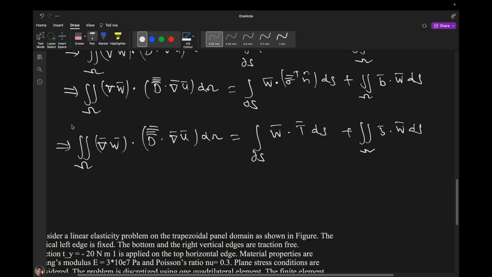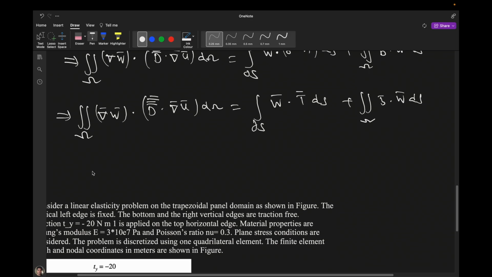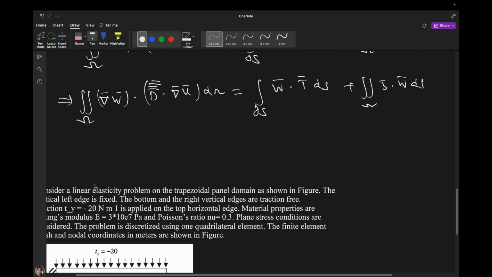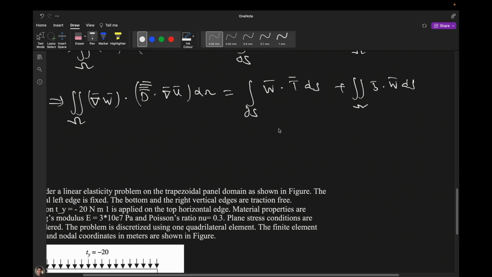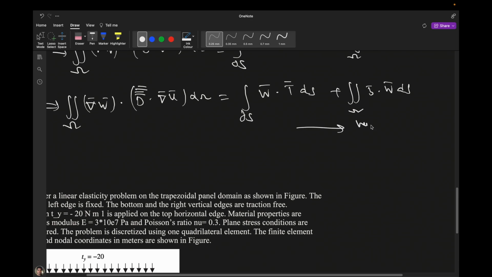So yeah, this is all about it. If I want to write in terms of matrices, this is in the vector form.